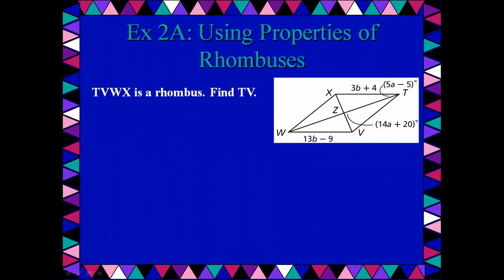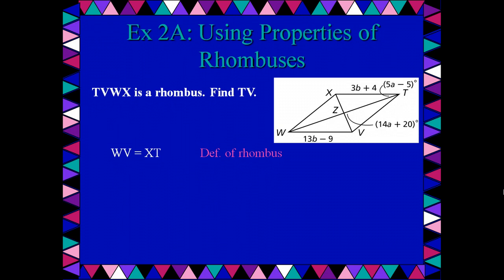Example 2a, we have TVWX is a rhombus, and we want to find the length of TV. So this side. A rhombus is a quadrilateral with 4 equal sides. So all of the sides are equal to each other. WV and XT are the same.